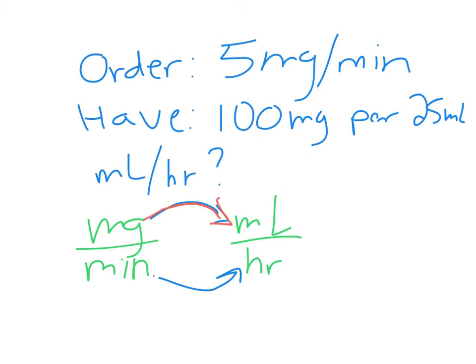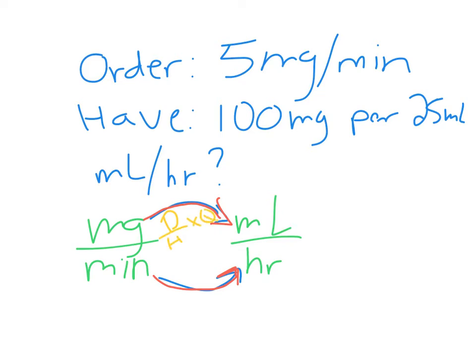You can do this first, or you can do this first, and it doesn't matter. I'll show you what I typically do, and you may develop the same habit. But as I mentioned before, in order to get from a dosage, whether it's grams, milligrams, micrograms, units, you name it, to liquid, we have to incorporate how it's packaged.